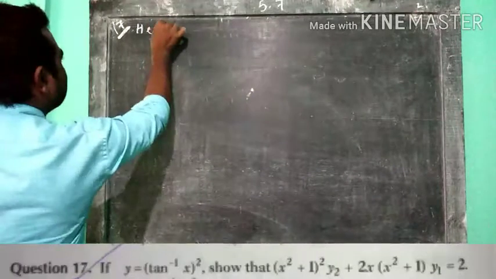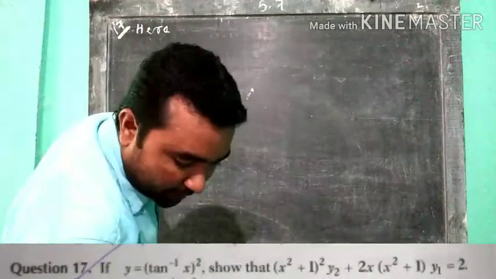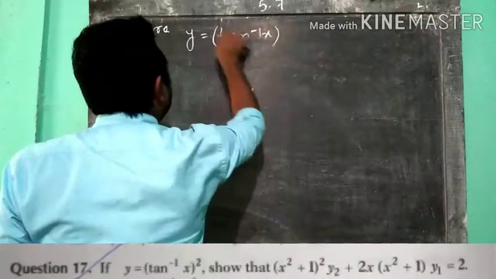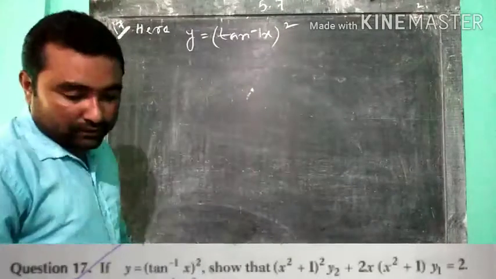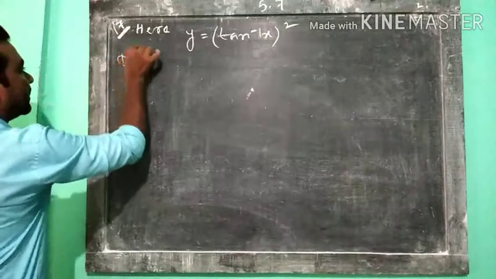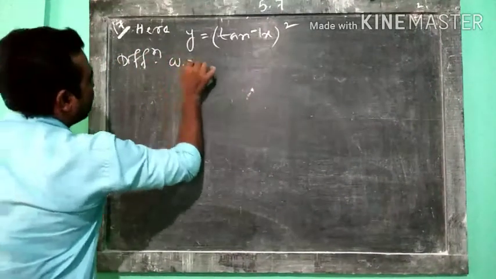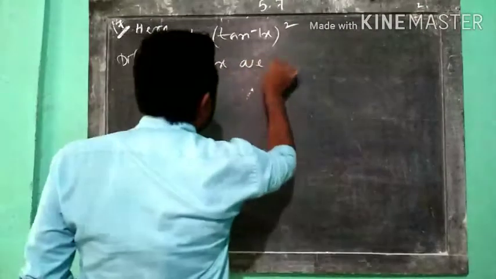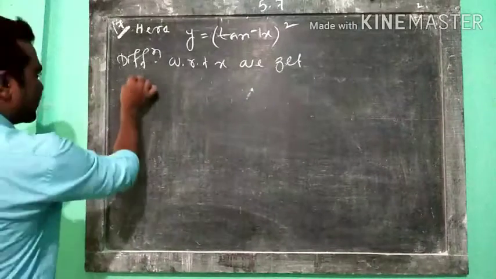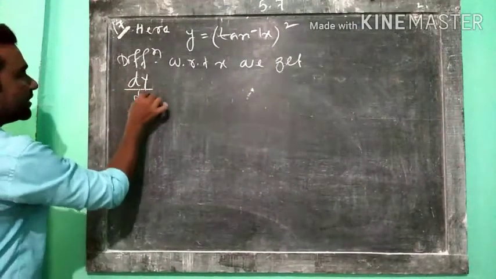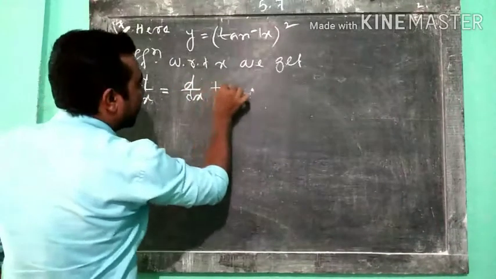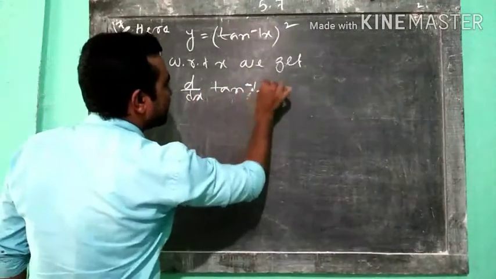Here y is given, y equals (tan inverse of x) whole square. Now differentiating with respect to x, dy by dx is equal to d/dx of (tan inverse of x) whole square.